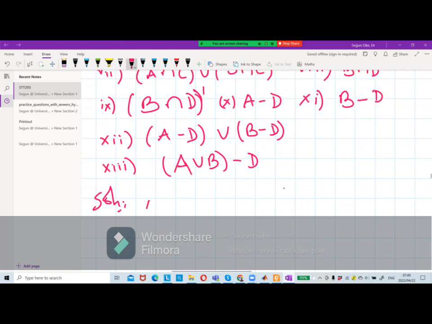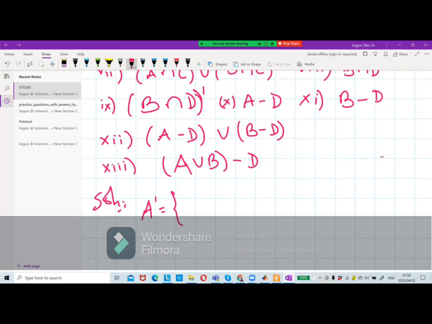The first is the complement of A. That is the elements in the universal set that are not in A. Set A is 3, 4, 5, 6, 7.